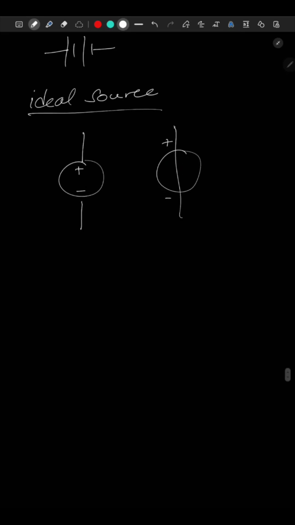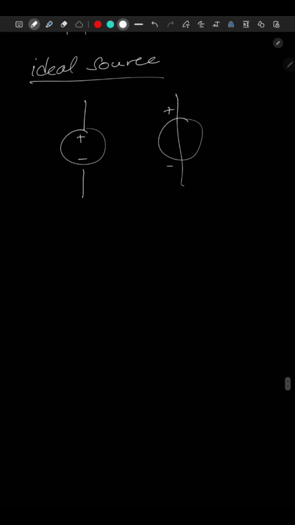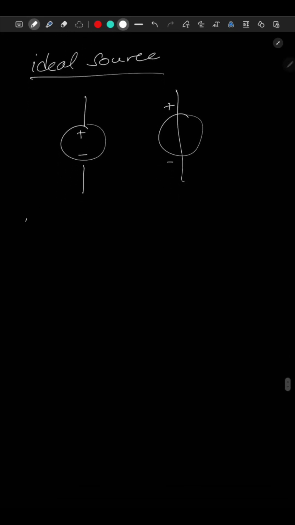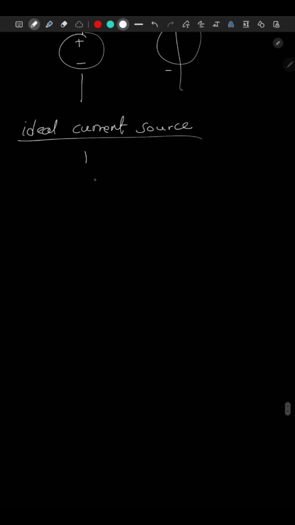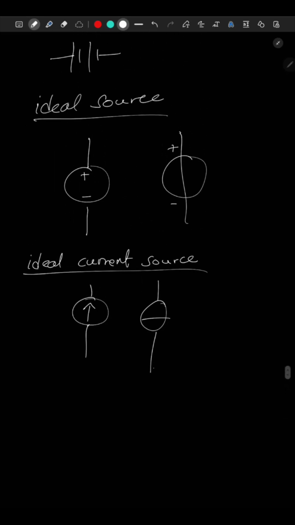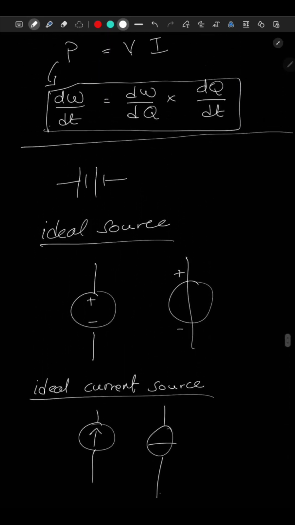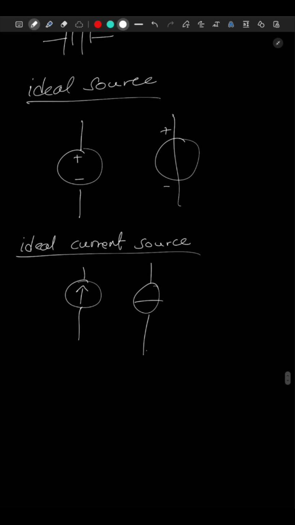This is an ideal source. Or an ideal current source, we can represent it using just an arrow pointing in the direction of a wire or something like this. So this is the current source and this is a voltage source in an apparatus.